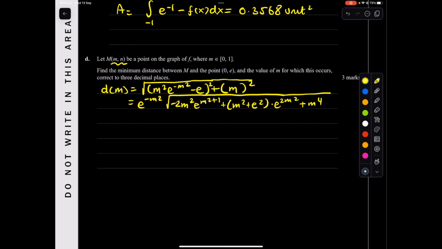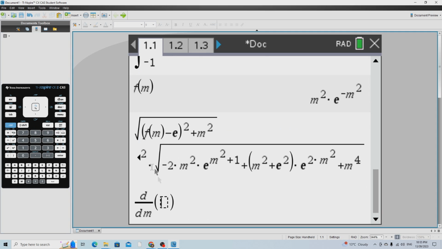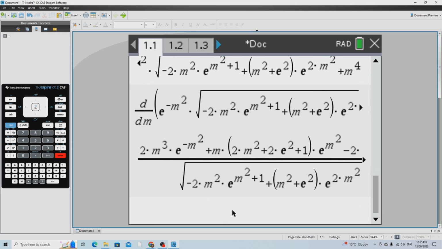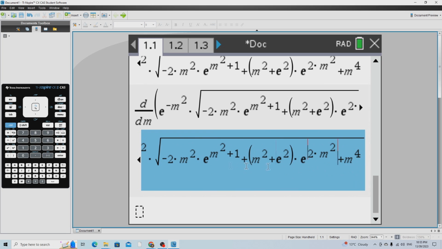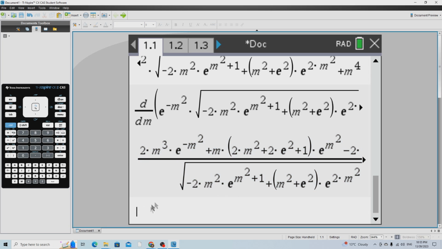Now we have this, and what's d dash of m? Let's find d dash of m. In terms of m, take this whole function, push it in here, done. And it gives us, oh my god, a big and ugly function. I wouldn't suggest doing it. I'm just going to say d dash of m equals 0 and we're going to solve for m.